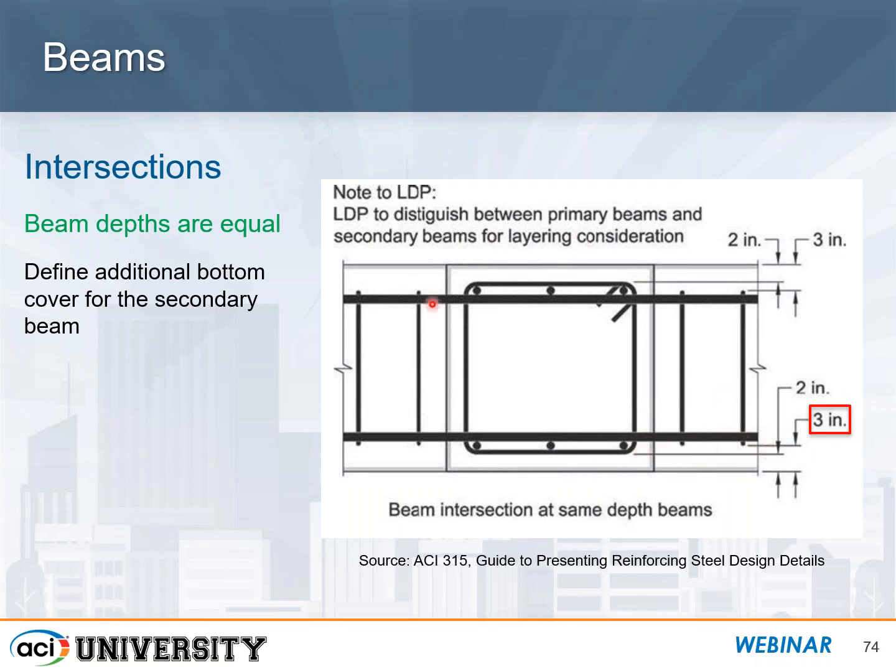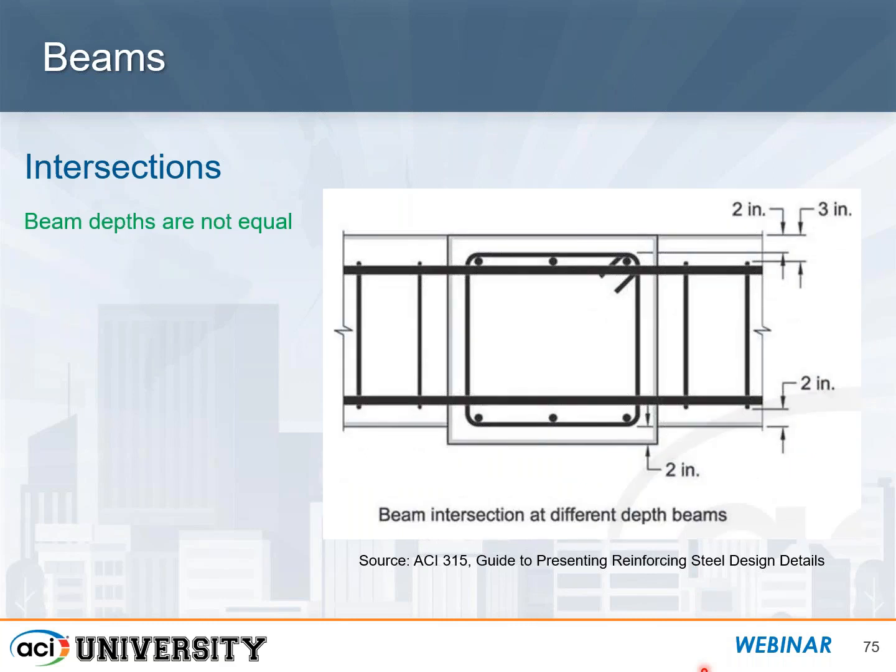So it's nice when we have an intersecting beam situation to specify what the cover needs to be for the reinforcement in that particular beam that's framing into another beam. Now, when the beams are different depths, it's not such an issue. You can have the same cover and things will work out fine.